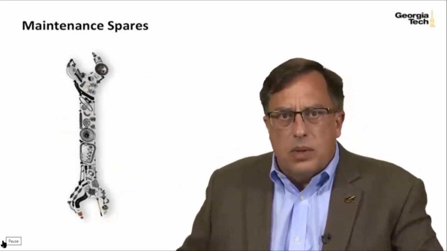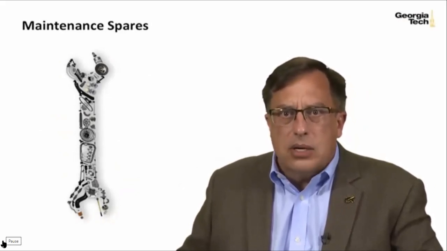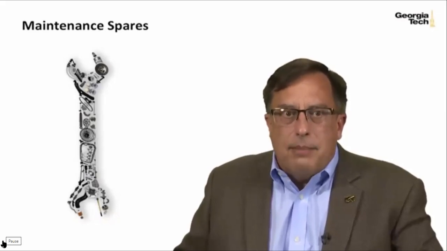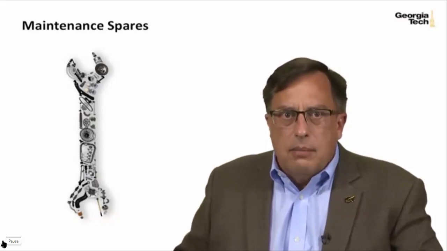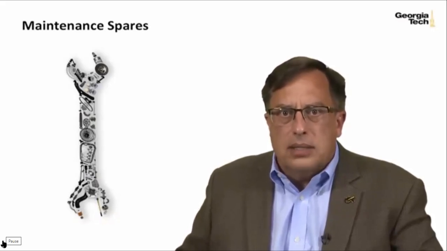Process industry companies with a need to minimize downtime due to out-of-commission critical equipment, and utilities that must work to restore operations after a weather emergency may hold millions of dollars of spare parts inventory.